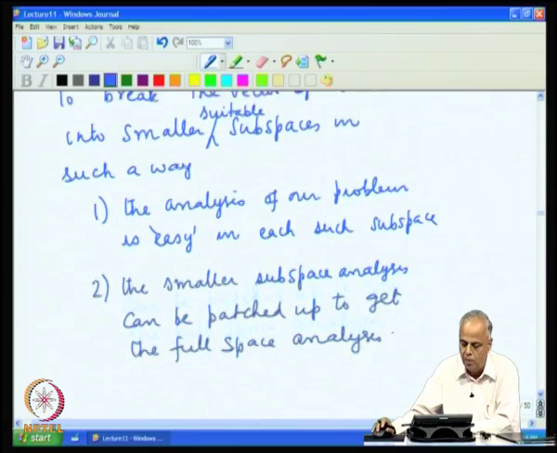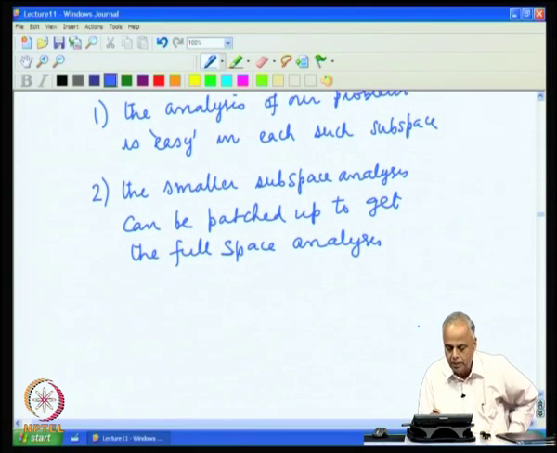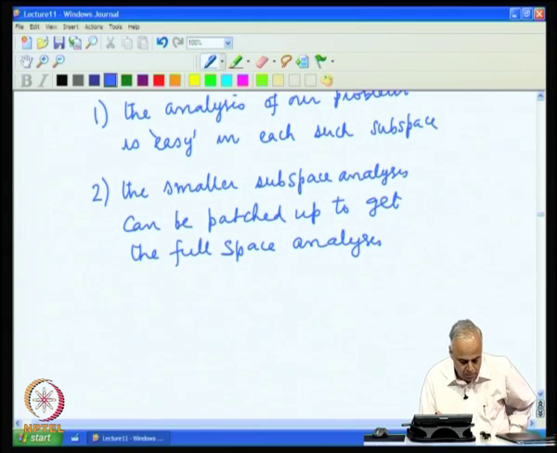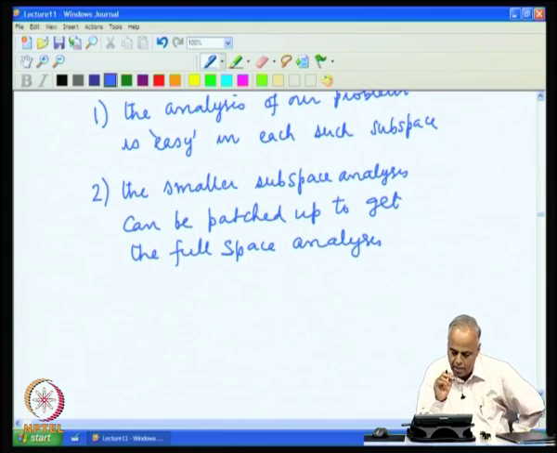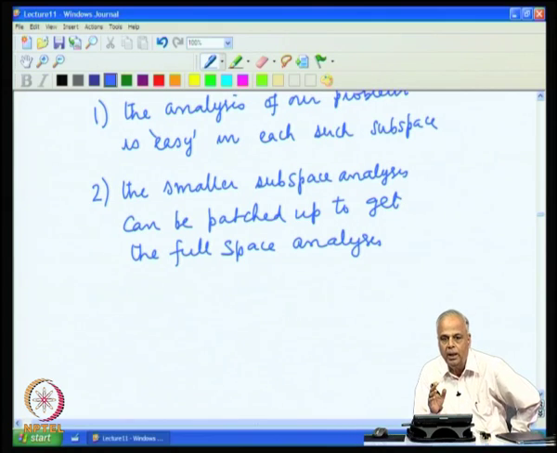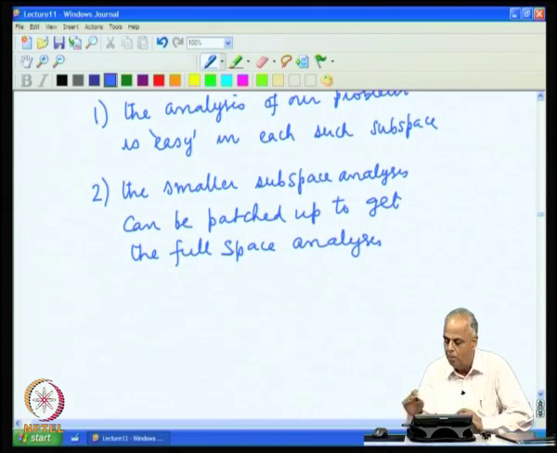Most of our problems and analysis in vector spaces will be an endeavor to find such breaking. What are the mechanisms of such breakings? How should we break with reference to a particular problem?